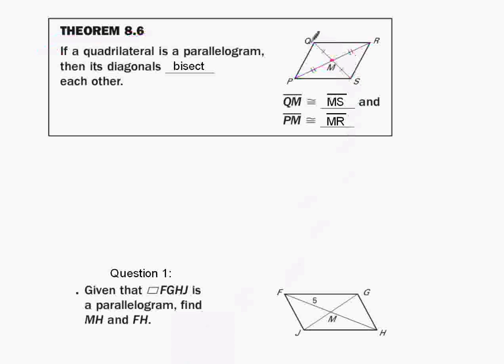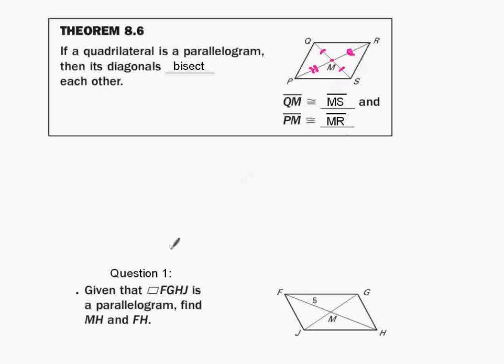And since they bisect each other, then this segment QM is going to be congruent to segment MS. So those are going to be marked as congruent. Similarly, the other diagonal is bisected, so segment PM is congruent to segment MR.